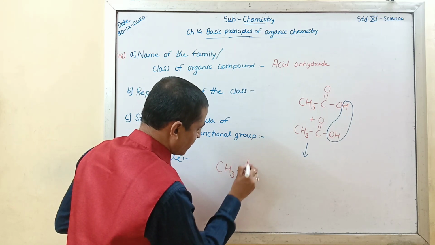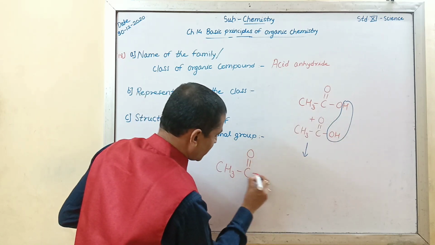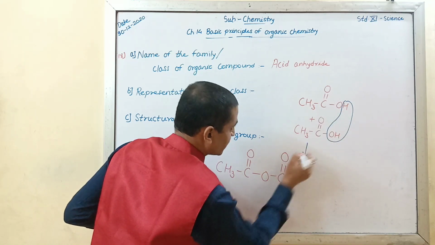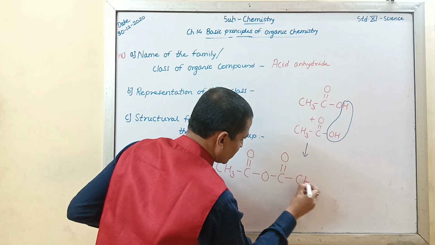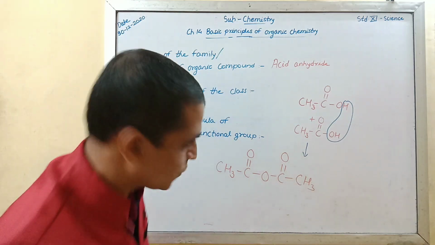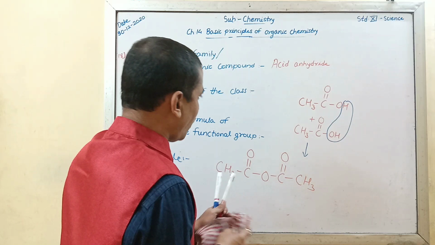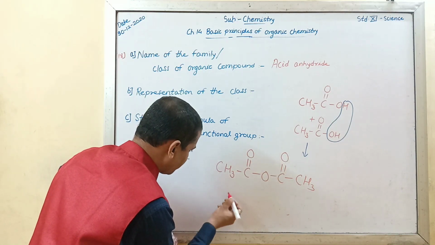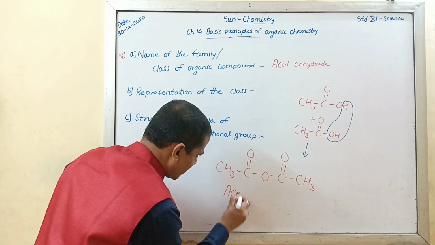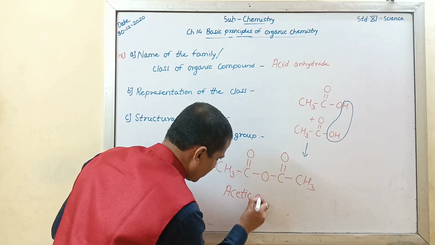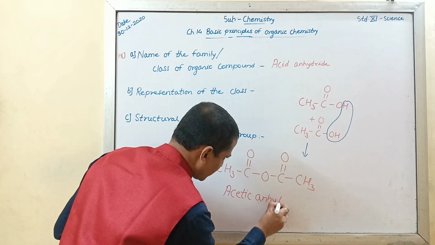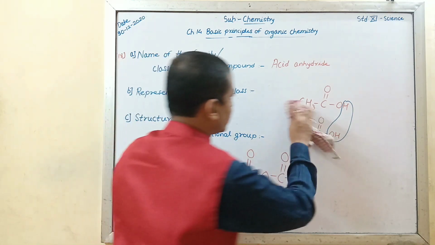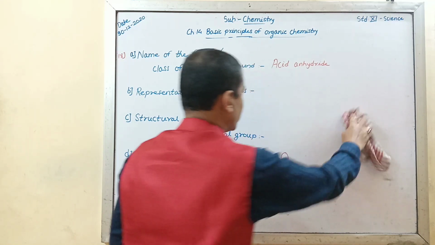It is written as CH3CO, this O, then this CO, and this is CH3. So this is the example. Its name is acetic anhydride. This is the way to find the structure of acid anhydride.